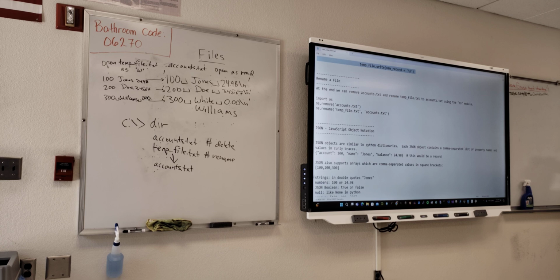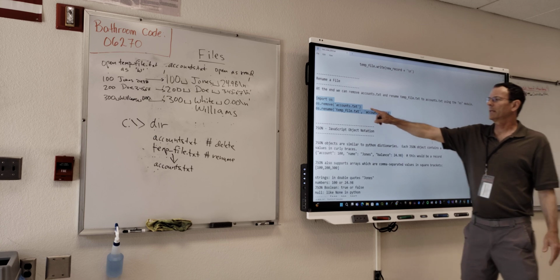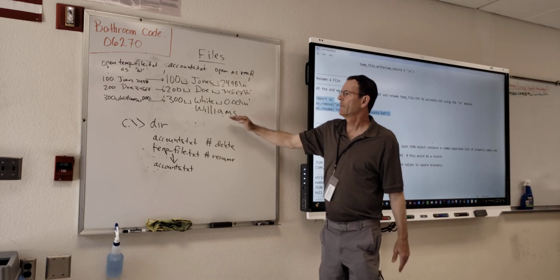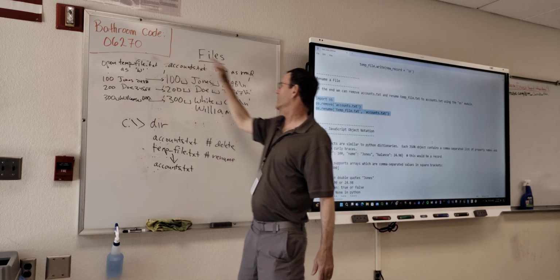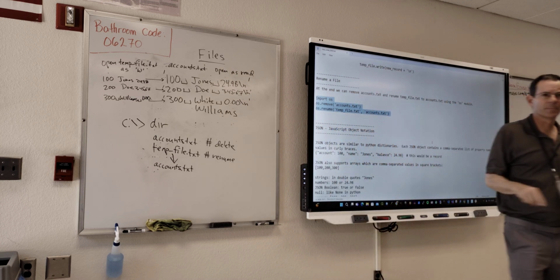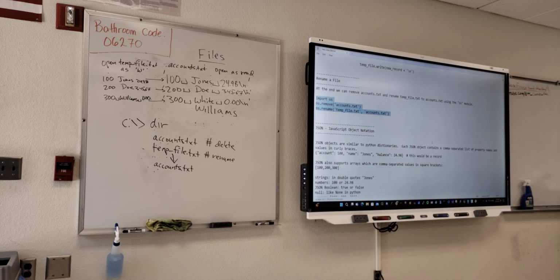You guys add this to the bottom of your ongoing script, and then this will remove accounts.txt, which is this one, and then rename this to accounts.txt. And then you're good. Makes sense?